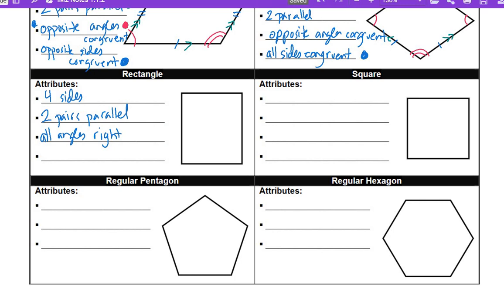And opposite sides are congruent. I'll mark the sides in blue. I'll mark the angles in pink.